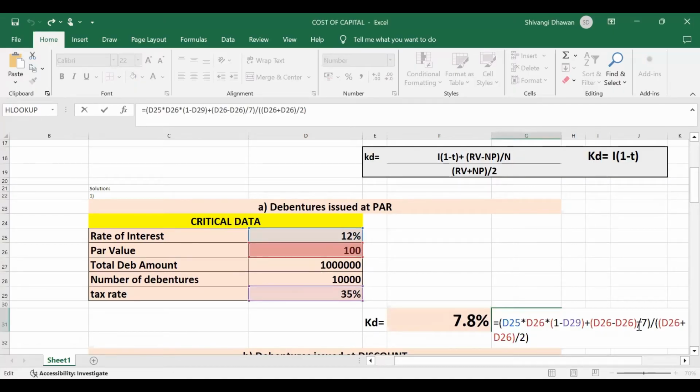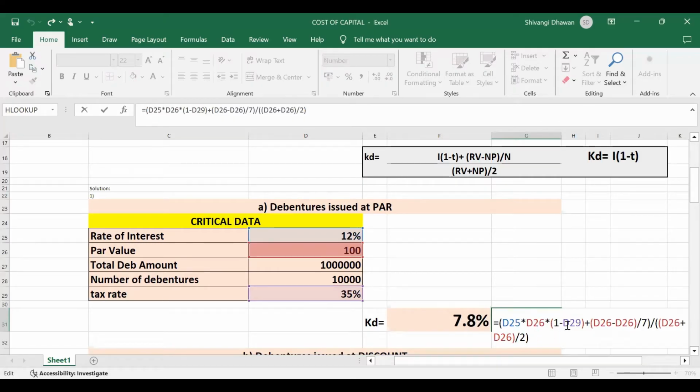So 100 minus the net proceeds, that is your issue value 100, divided by the number of years of redemption n, that is 7, whole divided by D26, that is again 100 plus 100 divided by 2. You need to use brackets very carefully in order to get the right answer.